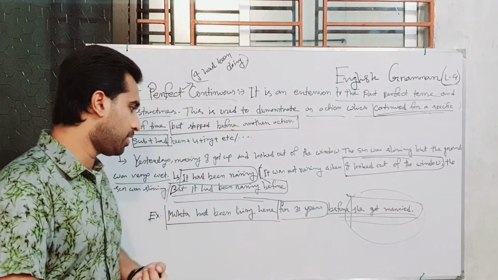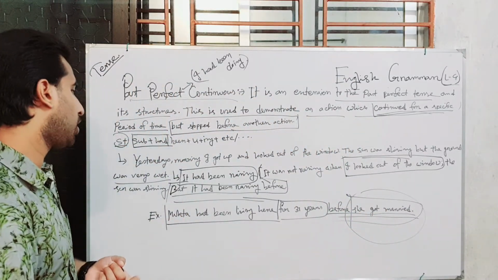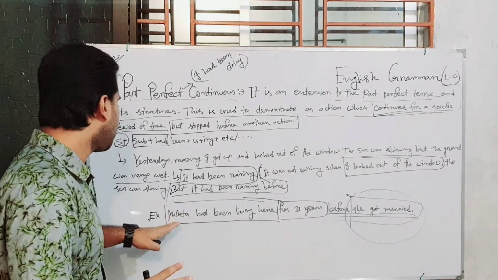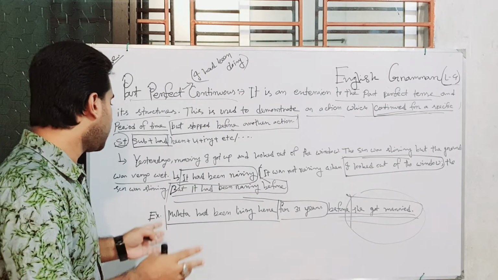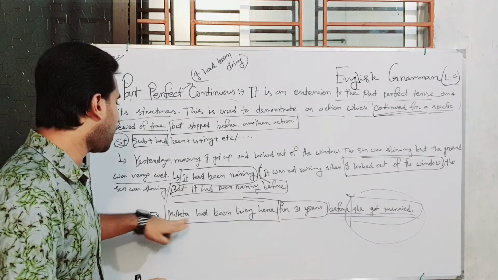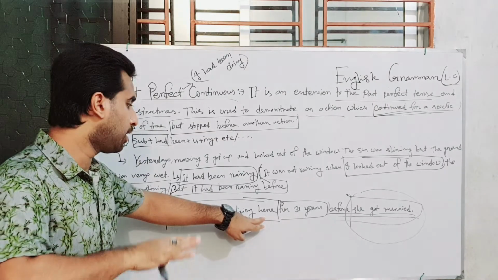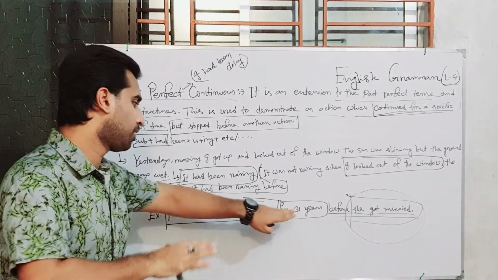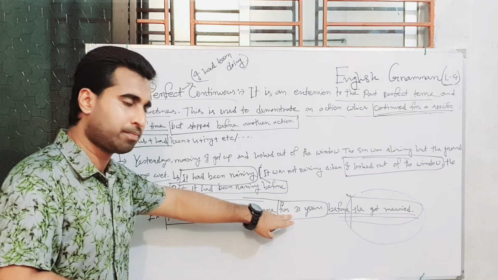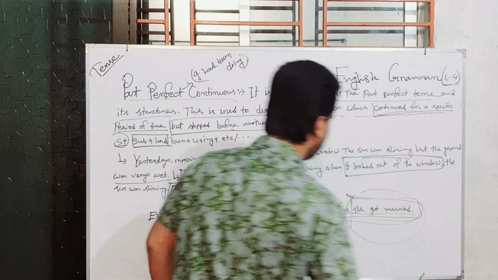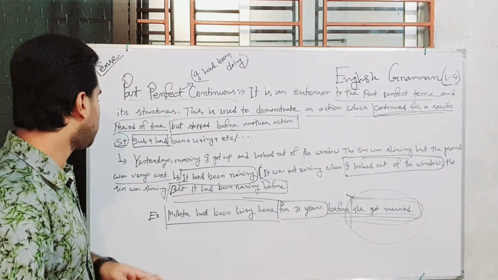When she got married, we don't know more information about where Mukta is living. Mukta had been living here. That means Mukta lived here for 30 years. When she got married, we don't know about her.